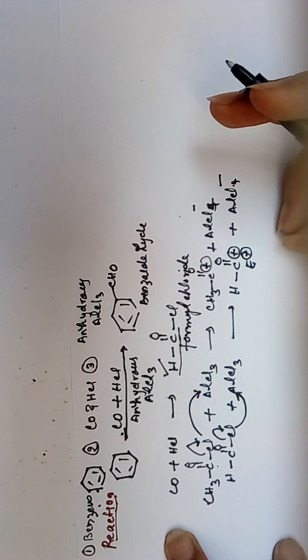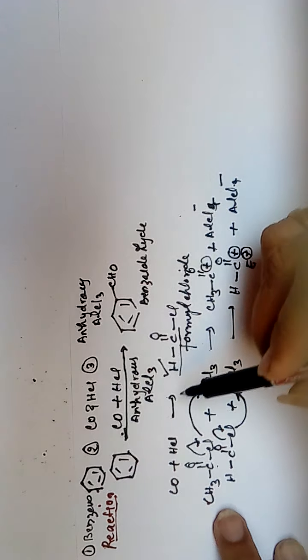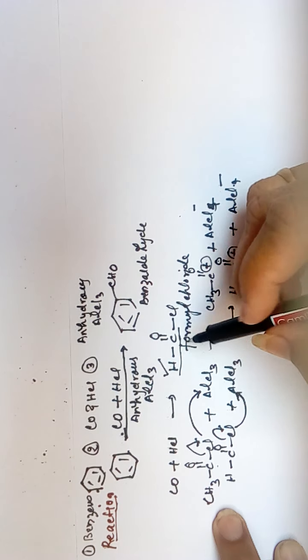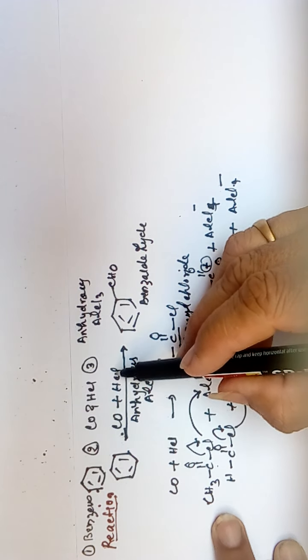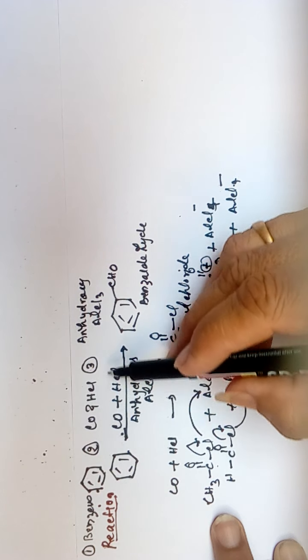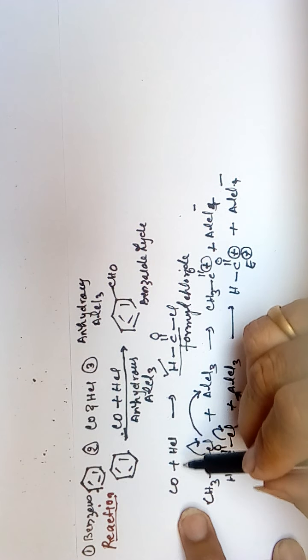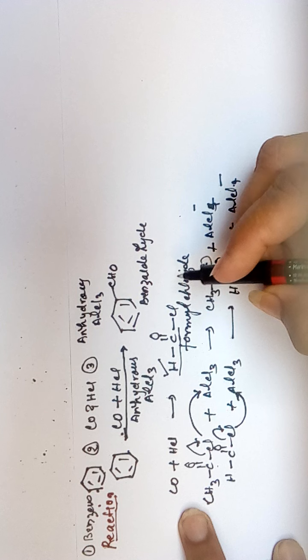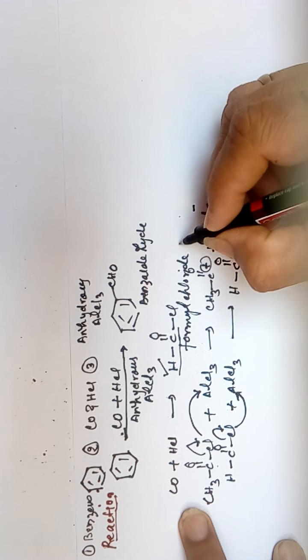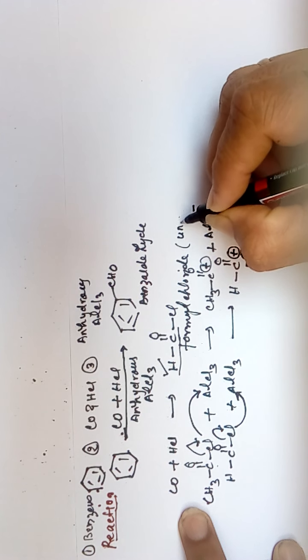Now guys, in this reaction we use carbon monoxide and HCl as reagents, and carbon monoxide and HCl form formyl chloride, and formyl chloride is highly unstable.